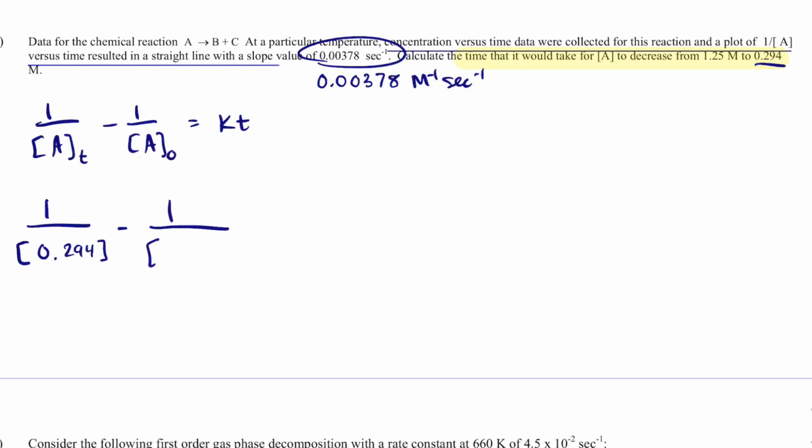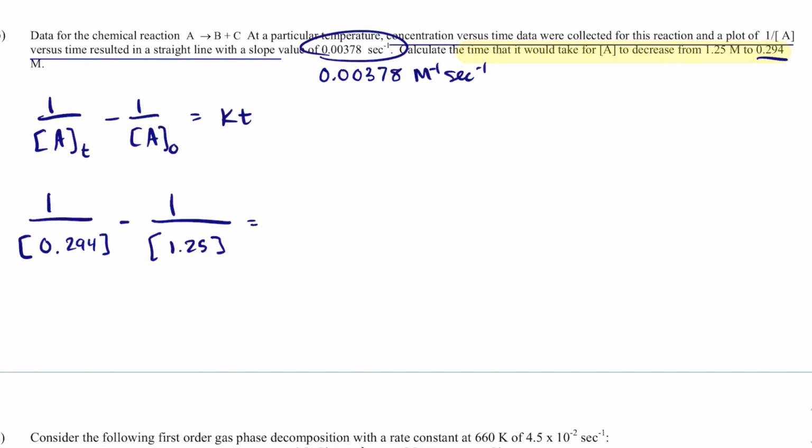The initial was 1.25. The absolute value of the slope, which this one's positive so we don't have to worry about that, is 0.00378, and that represents our rate constant.